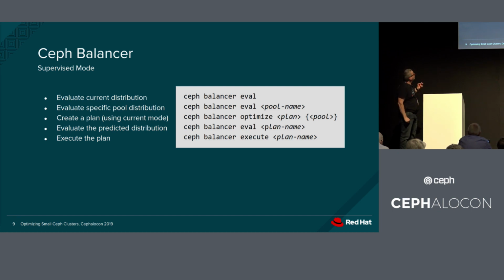We can ask the balancer to create a plan for a pool, evaluate the plan, and see whether it's worth our effort, because data movement is expensive. Then we can execute it. So the balancer can work in the background all the time, or specifically on a pool, or manually.